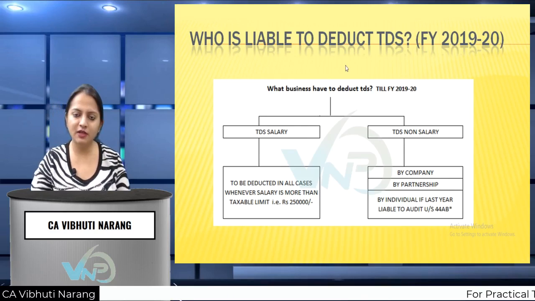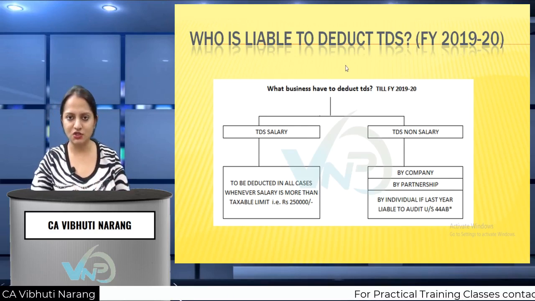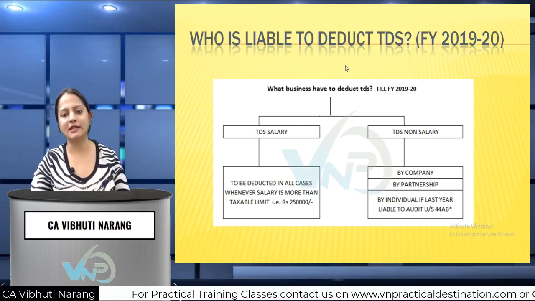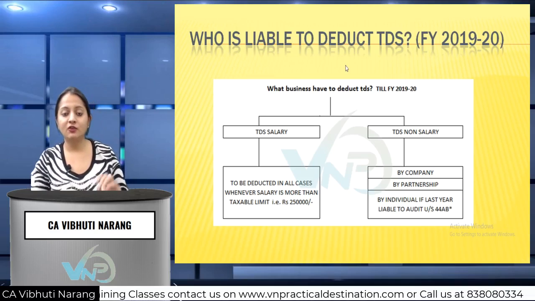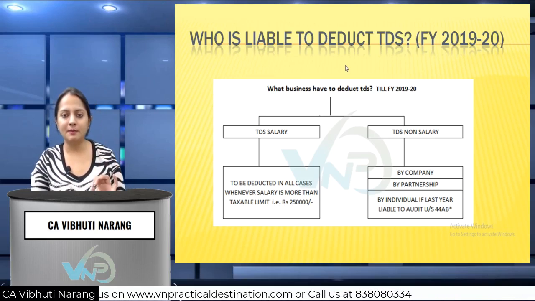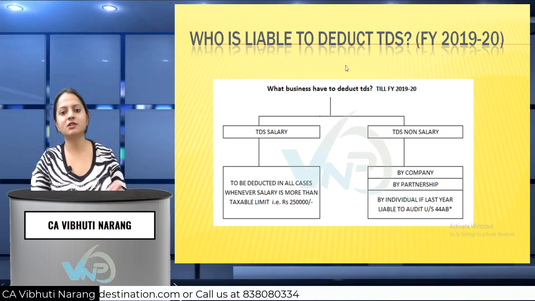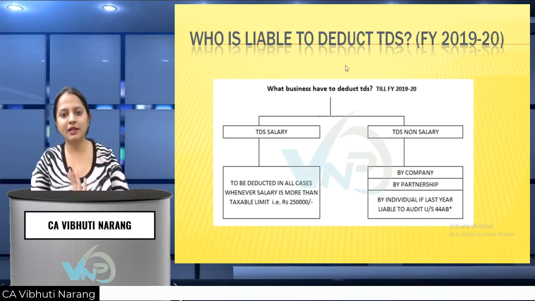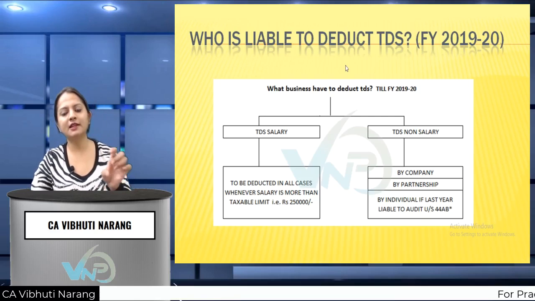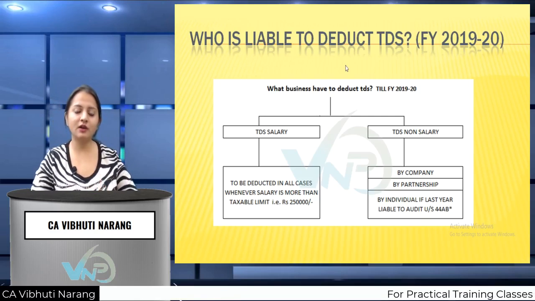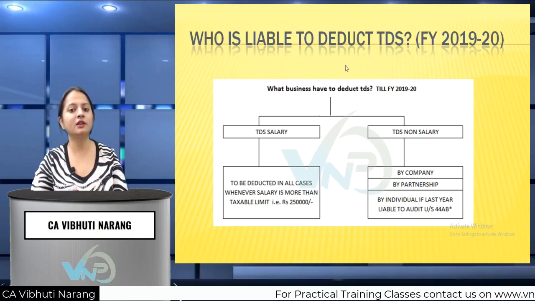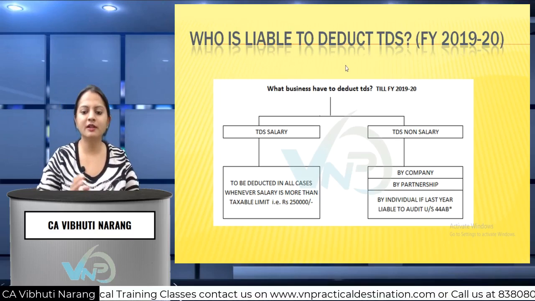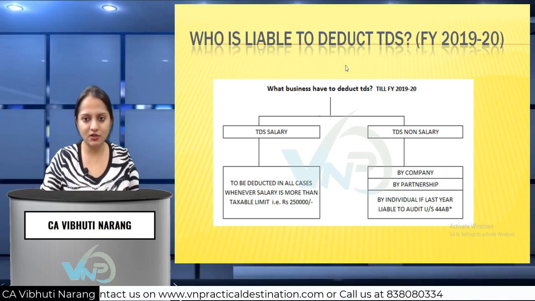What is 44AB? It is your tax audit section, and in the case of individuals, 44AB is read with section 44AD. 44AD is about presumptive taxation: if the gross turnover of an individual is more than rupees 2 crore, then the individual is liable for tax audit, or if he or she is showing income less than 8% or 6% of the turnover, then he is liable for tax audit.